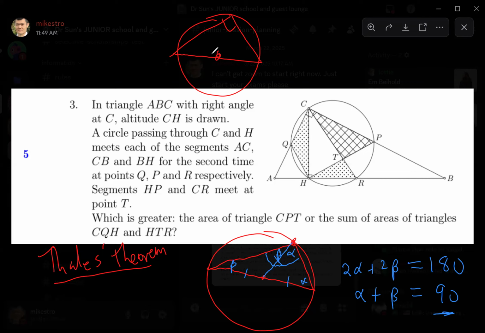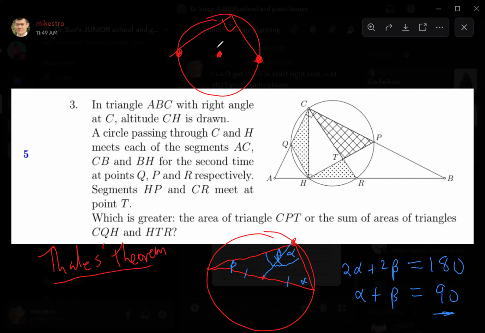So here, how can we conclude that it's the diameter if all we know is 90 degrees? How do we know it passes through the center? What we can do is imagine the center is here, right?